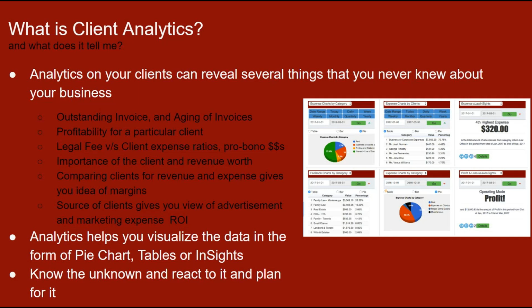So client analytics: understanding the aging report, which says these are the top clients that haven't paid me in time, who typically have taken more than the initial days of sale. So my net 30 with these customers has eventually become net 45 or net 60, and then translating back to what type of customer that was, and then translating back to where these customers came from. Maybe your word of mouth is not great because the quality of that customer is not great, or maybe the quality of that customer is phenomenal because it's word of mouth.